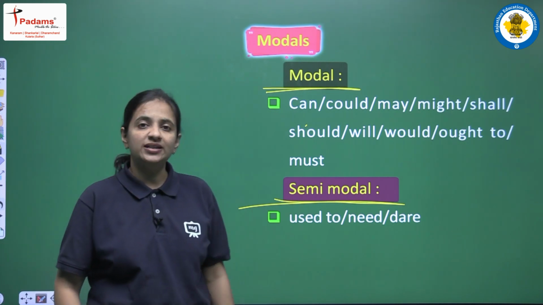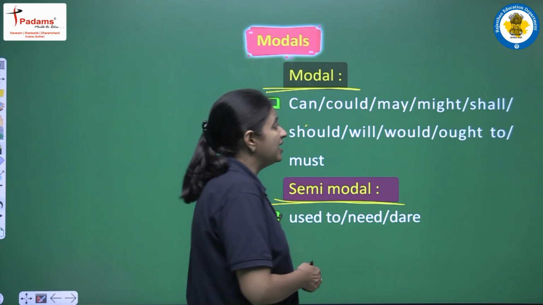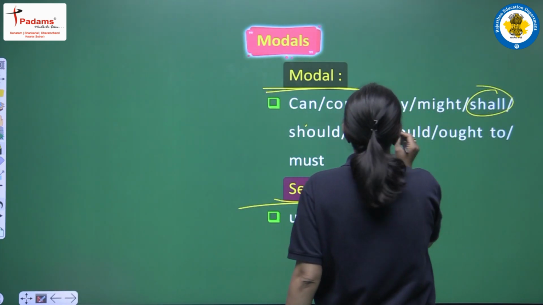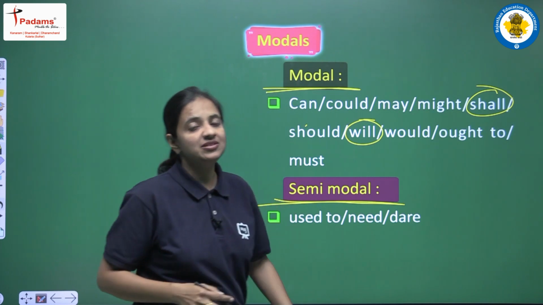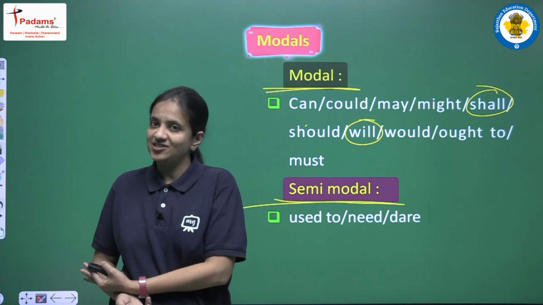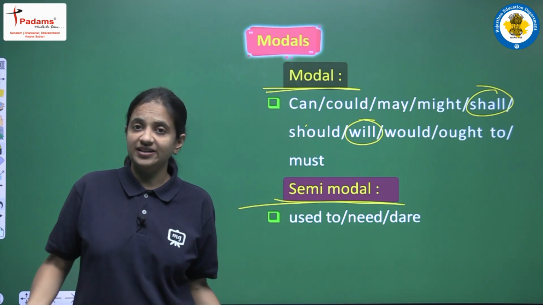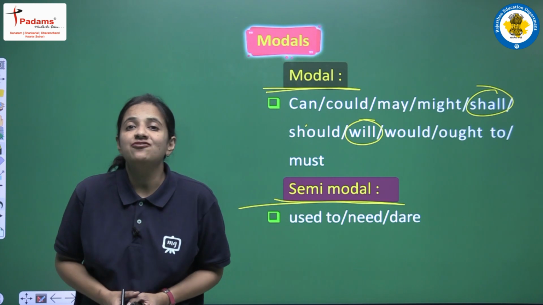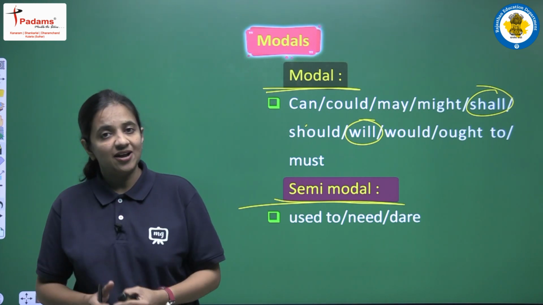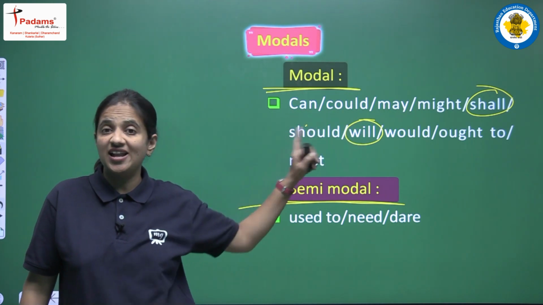So students, one thing is noticeable here, and don't get confused that these two words shall and will, we have studied as helping verbs in the future tense, right? इससे पहले जो हमने टेंस टॉपिक करा है, in which we discussed all the different tenses and all the rules. So in the future simple tense we have studied that we were having two helping verbs like shall and will.